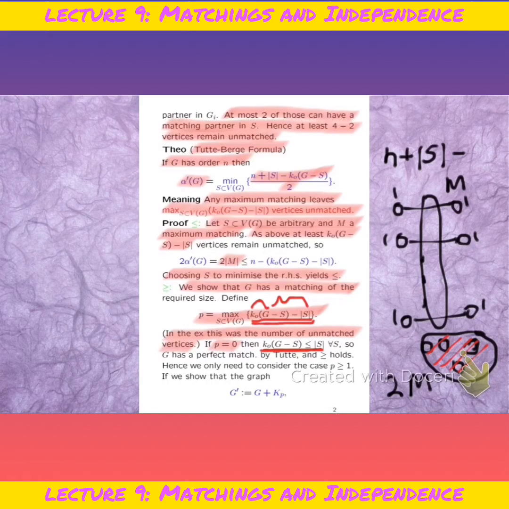That inequality is going to hold because this thing here falls away, it's going to have a 0 value there, and any maximum matching, if it has a perfect matching, is obviously going to have n over 2 matching edges. Okay, so we need only consider the case where P is at least 1.